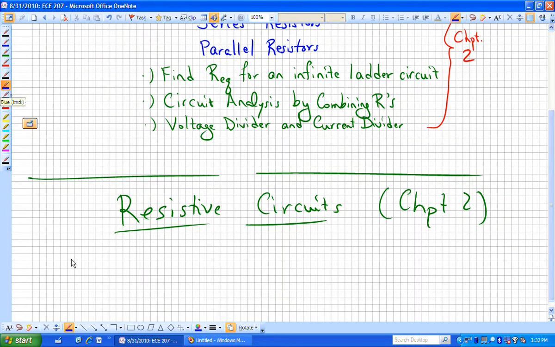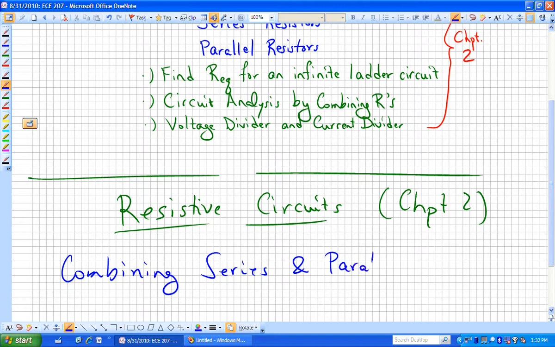In particular, let's start this first piece by looking at how we might combine series and parallel resistors, or what happens when you have a collection of resistors in series or a collection in parallel. Can you simplify those down into an equivalent resistor?